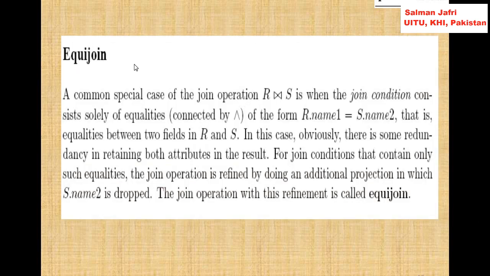Now let's look at equijoin. Equijoin is a common special case of the join operation R joined with S, in which the join condition consists solely of equalities connected by the AND operator, and the form is R.name1 equals S.name2. So these two fields are equated, that is, equalities between two fields in R and S. In this case, obviously there is some redundancy in retaining both attributes in the result.